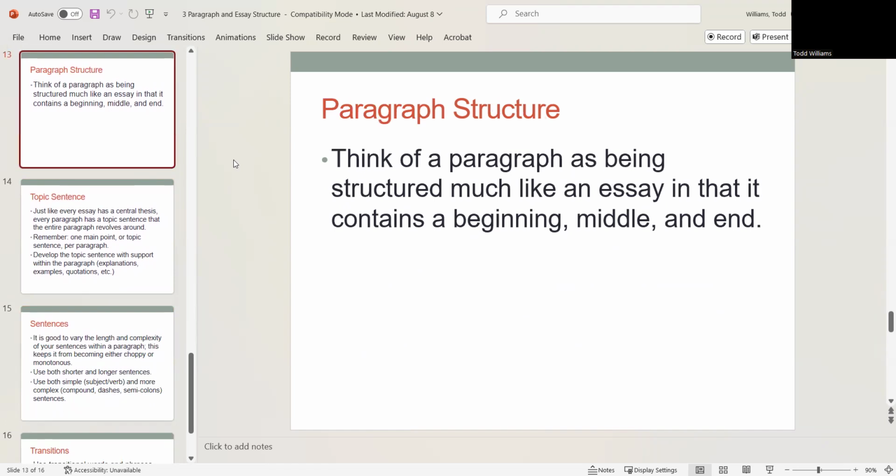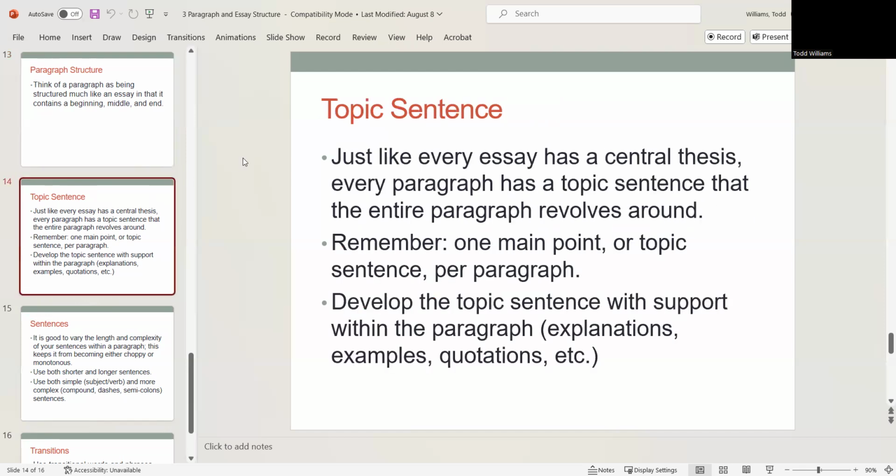So while I'm talking about essay structure, I want to real quickly talk about paragraph structure, because this is an analogy that I find helpful. Think of a paragraph as being structured much like an essay, in that it contains a beginning, middle, and an end, right? Just like every essay has a central thesis that everything in the essay revolves around, every paragraph has what we call a topic sentence that the entire paragraph revolves around.